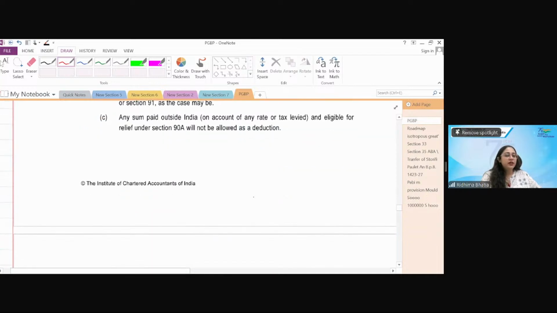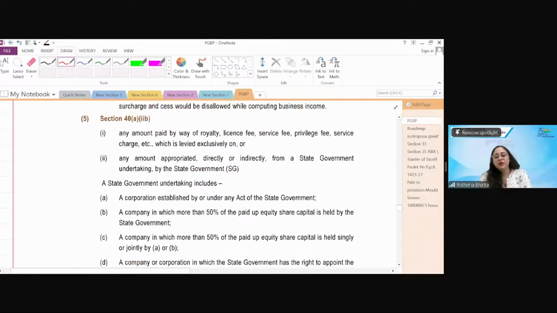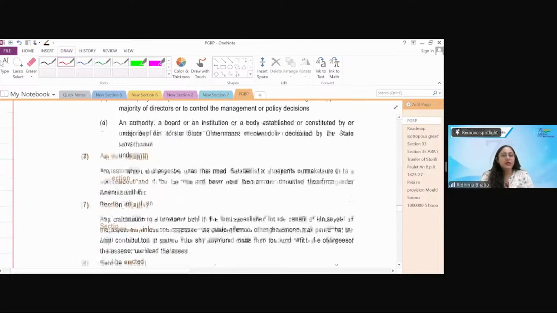Now, quickly give a read to all this. You can ignore the state government paying royalty to state government. Not important. You can quickly give a read. Just give a look for section 40 clause A, all deductions.